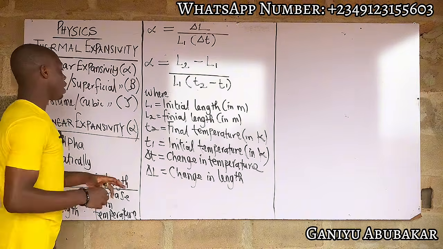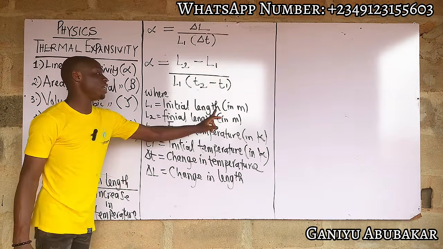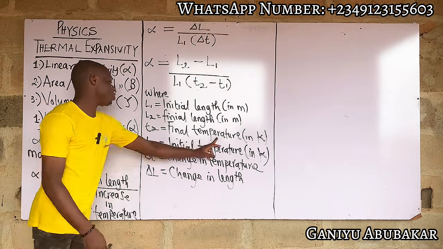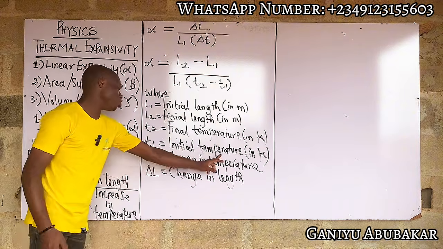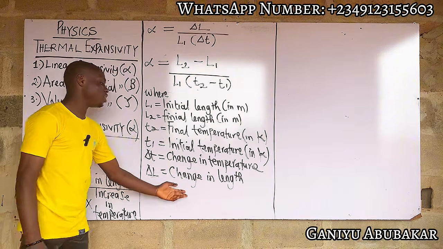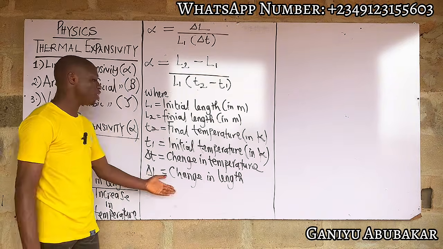So note that L1 is the initial length, L2 the final length, T2 the final temperature, T1 the initial temperature. Change in T means change in temperature, and change in L means change in length.